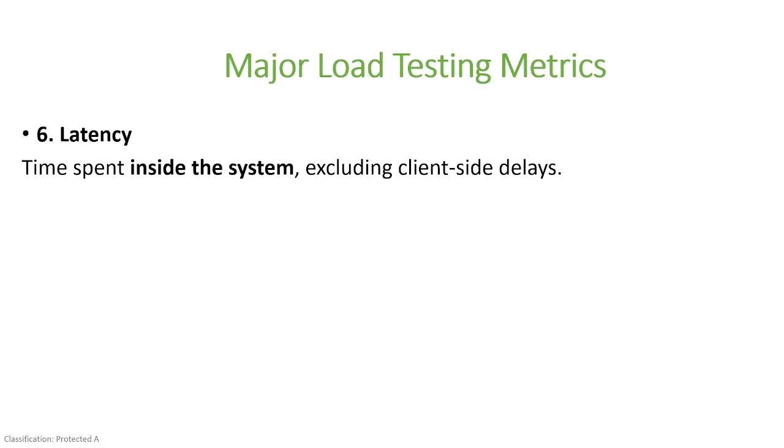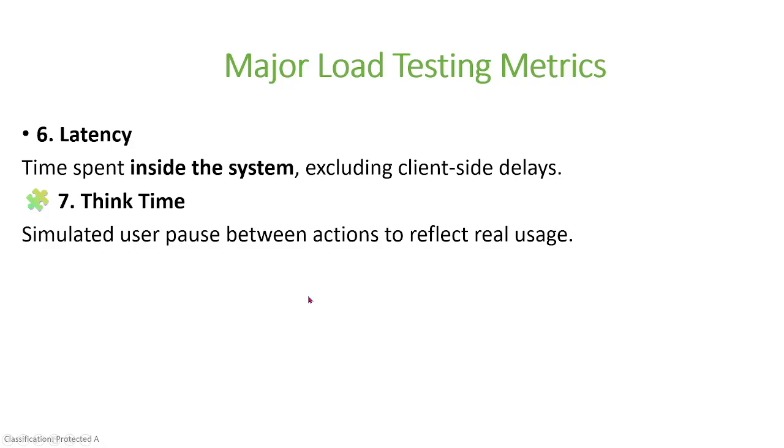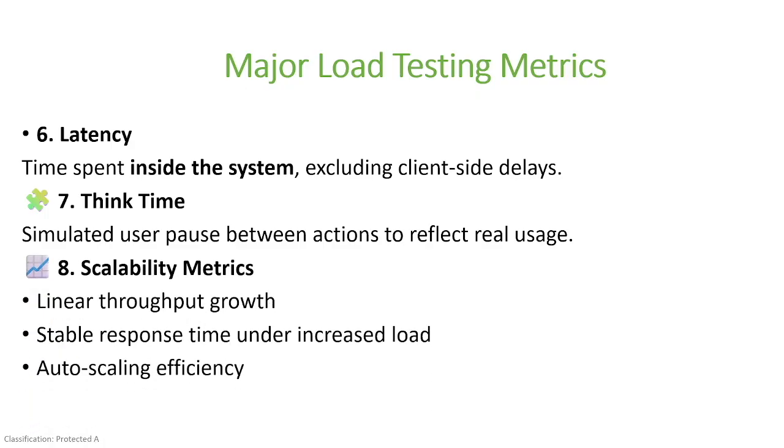Latency: time spent inside the system. Think time: simulates user pauses between actions to reflect real usage. Scalability metrics: linear throughput growth, stable response time under increased load, auto-scaling efficiency.